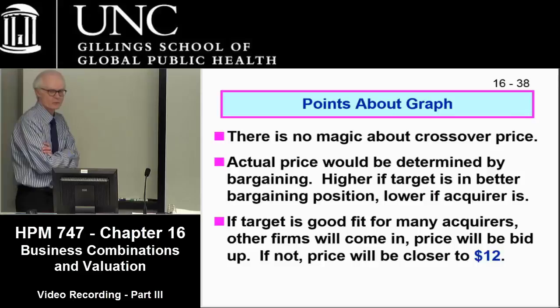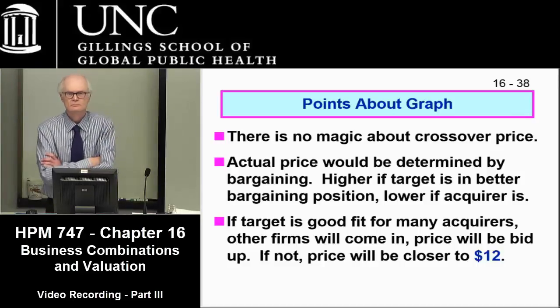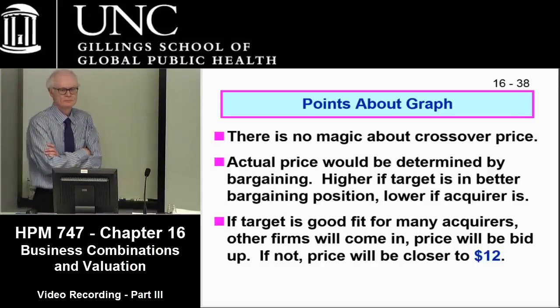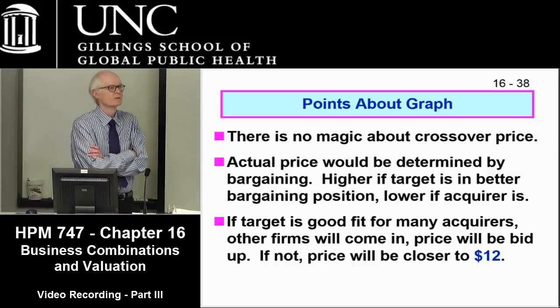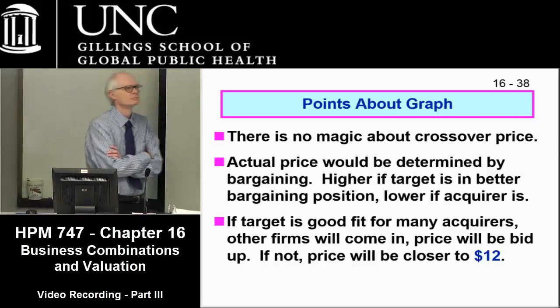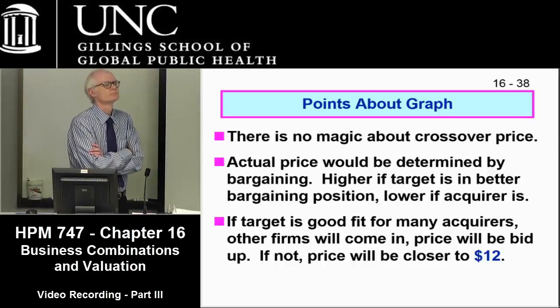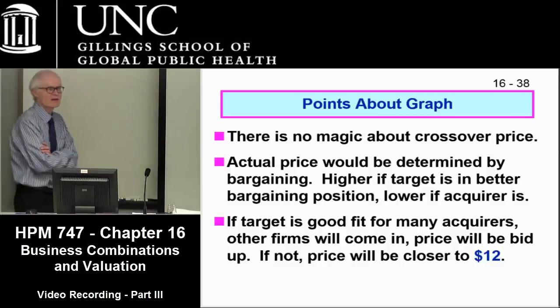Okay, that's one reason. Could a target be in a better position if their acquirer has less information or knowledge about the industry? Yeah, there could be asymmetric information.